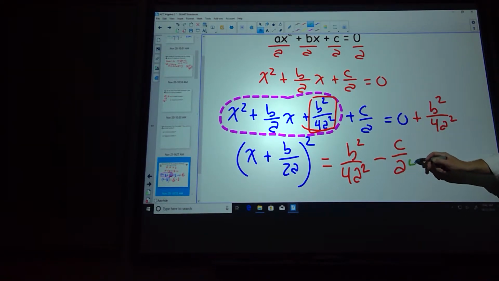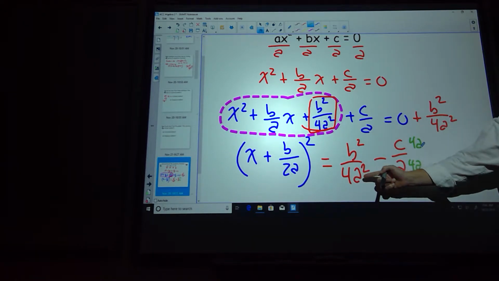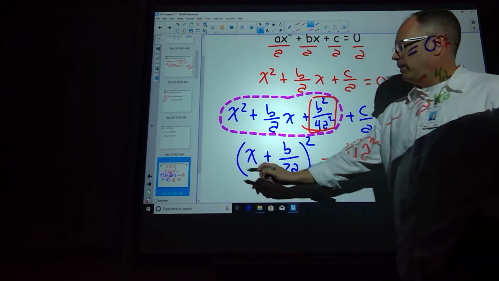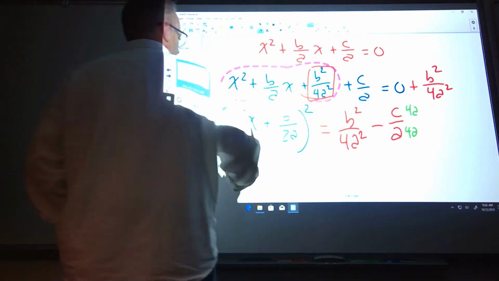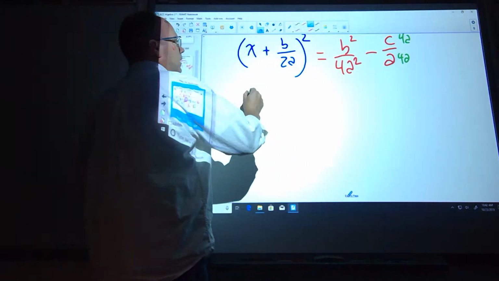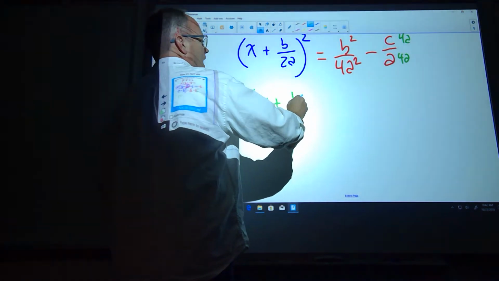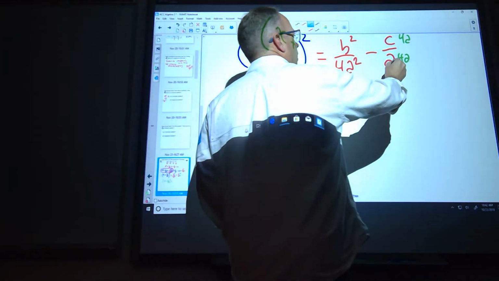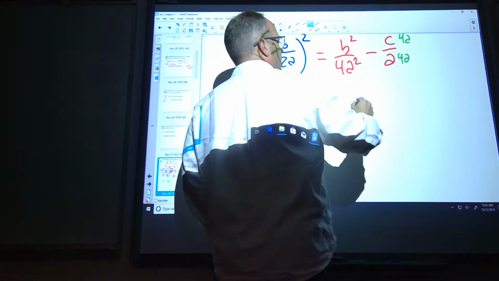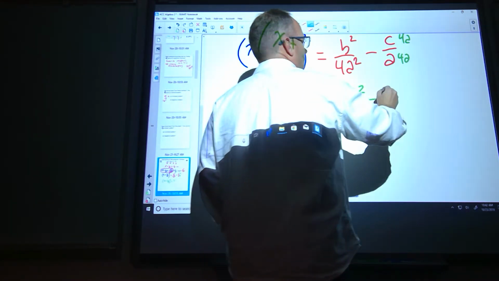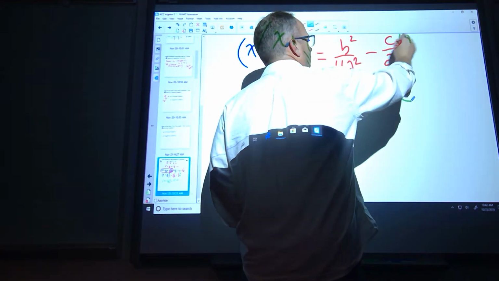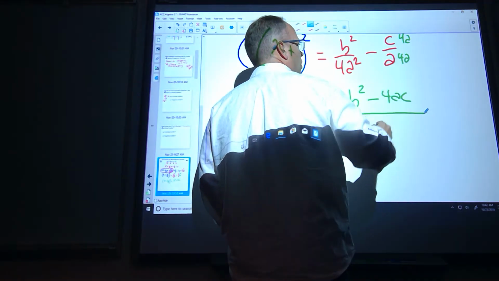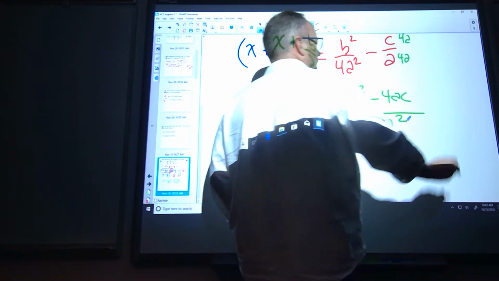So I'm going to multiply this by 4a and 4a. Agree? So that's going to give me a common denominator between those two. That means that I have b squared minus 4ac on top all over 4a squared on bottom.